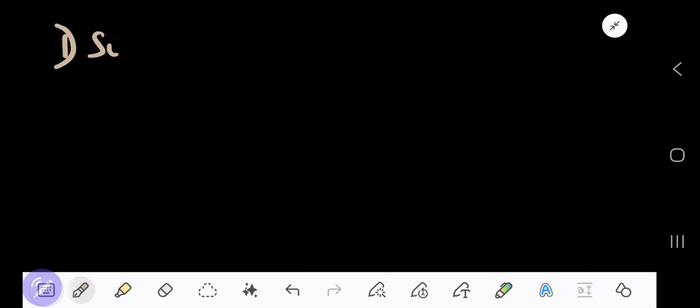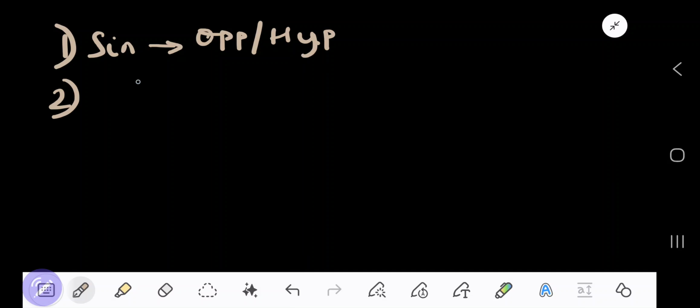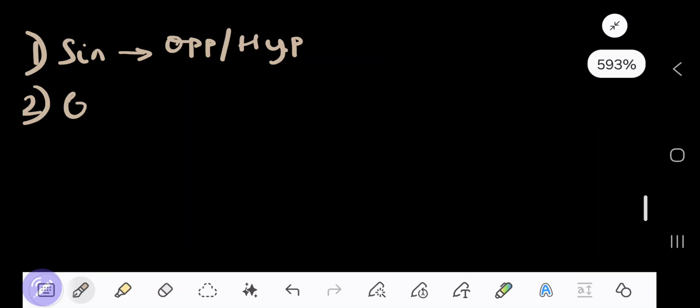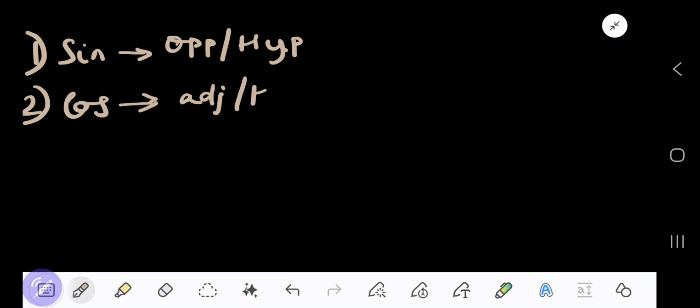Let me just write them once. So first one is sine, which is opposite by hypotenuse. It's better to remember this way. You don't need to consider the reference angle then. So sine is opposite by hypotenuse. Cos or cosine is adjacent by hypotenuse.